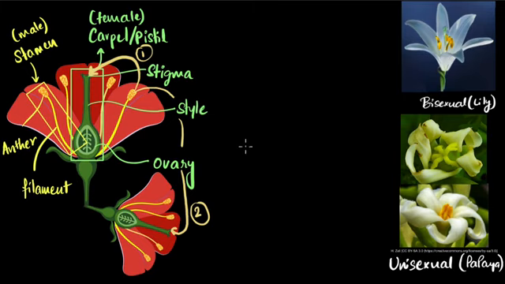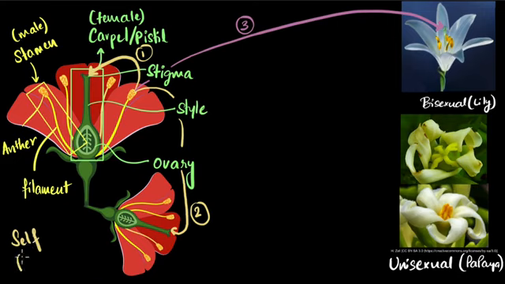And the third possibility is that the pollen grains from one flower go and sit on the stigma of a different flower from a different tree altogether or a different plant altogether. So all these are pollinations, but the first 2 are called self-pollination. Why self? Because it is happening within the same plant, within the same flower, or within the 2 different flowers of the same tree.